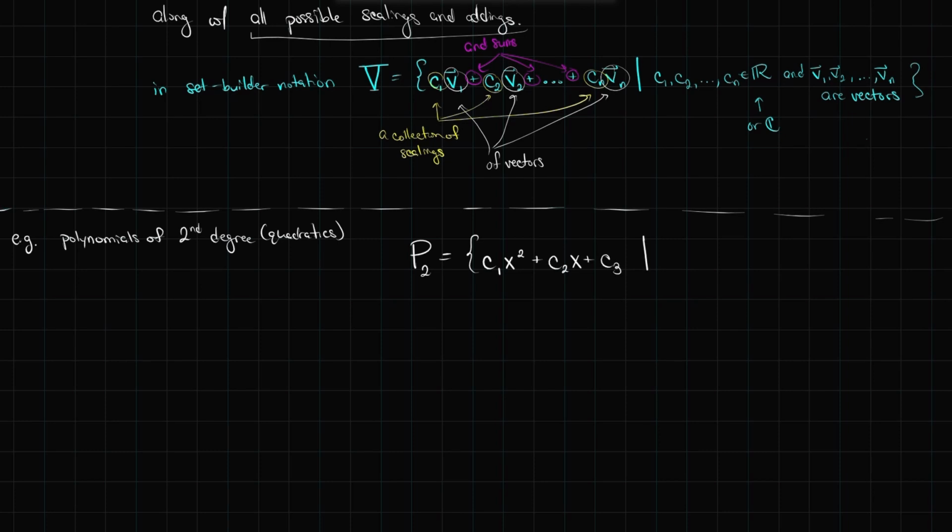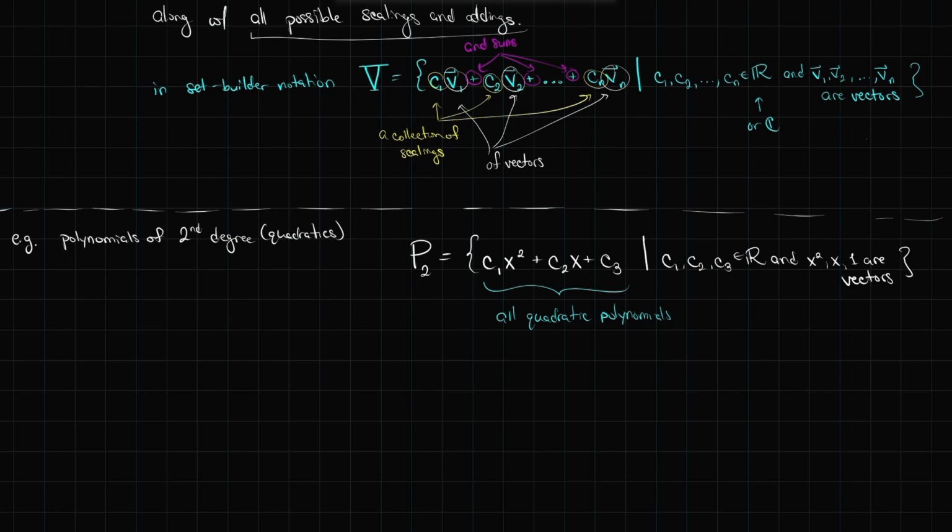These really are all quadratic polynomials, where of course C1, C2, and C3 are in R, and of course x squared, x, and 1 are vectors. These are just functions that you can add together, so certainly they're going to be vectors. This is just how you would construct some of these arbitrary vector spaces.